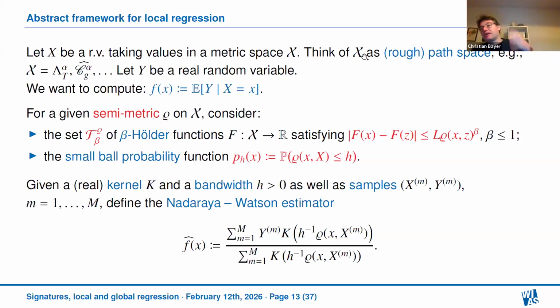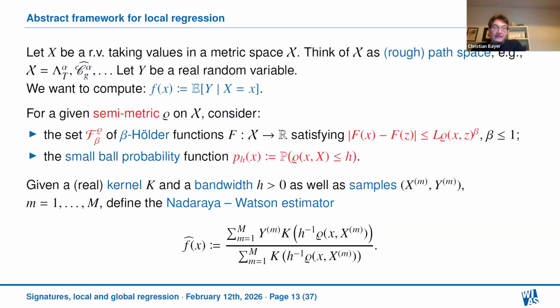So in particular, this is nice because if you know rough paths, then you probably remember that the space of rough paths is actually a metric space. It's not a Banach space or something like this. So it lacks the linear structure. It's just a metric space.